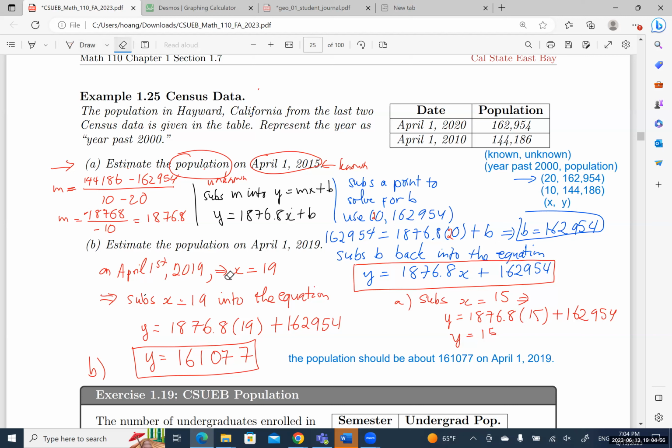So I will not have b equal to this, but I will have b equal to 125,418. Okay, so that's going to be the b.